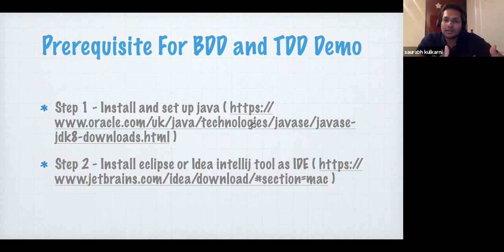In those cases, TDD becomes a little lengthier and more complex, and BDD also becomes more complicated in terms of implementation. But it has a very sophisticated framework which is provided by Cucumber.